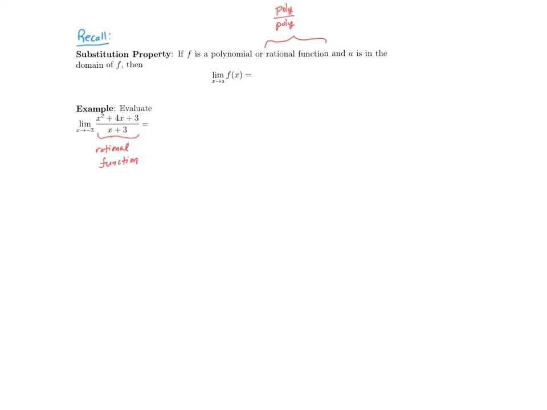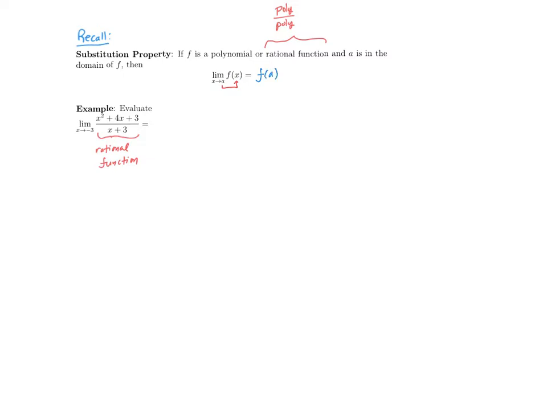So if f is a polynomial or rational function and a is in the domain of f, that is, we can plug it in and not worry about dividing by 0, then the limit as x approaches a of f of x is almost the easiest possible example we can ever evaluate. We simply substitute a into our function, and we get back f of a.